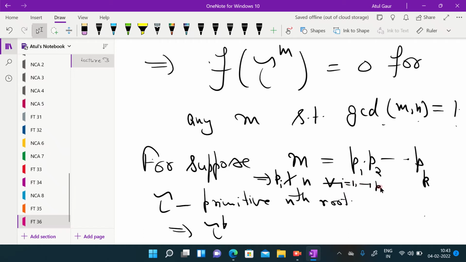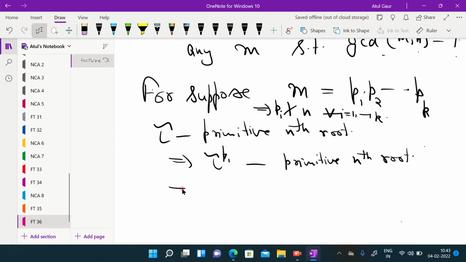Is that fine? Otherwise the GCD would not be 1. So tau is a primitive nth root of unity, so tau^p1 is also one, which means f tau^p1 is 0.